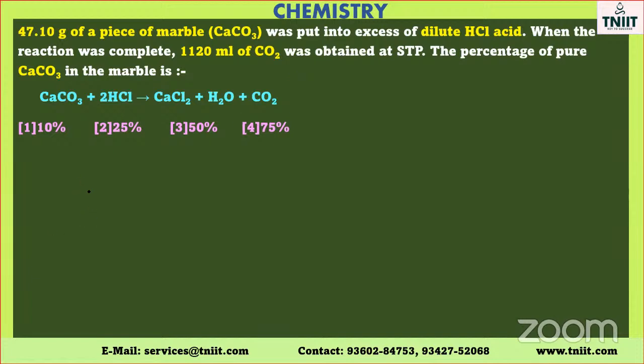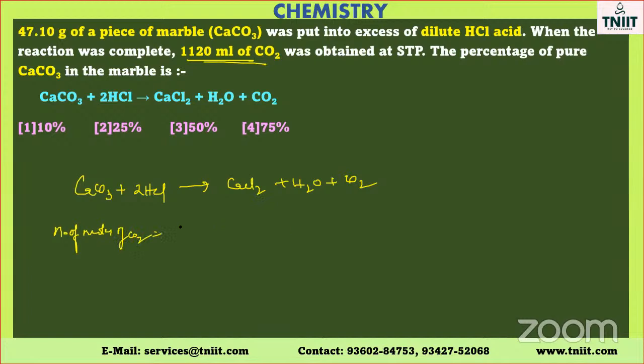So calcium carbonate on reaction with HCl gives calcium chloride, water, and carbon dioxide gas. They clearly say 1,120 ml of carbon dioxide is liberated. So the number of moles of carbon dioxide is given as 1120 ml divided by 22,400, because molar volume is 22,400.